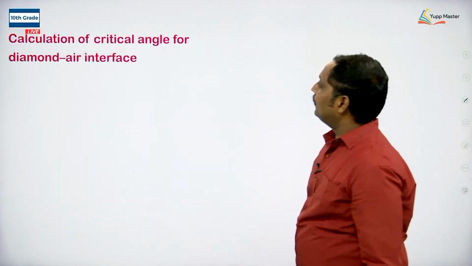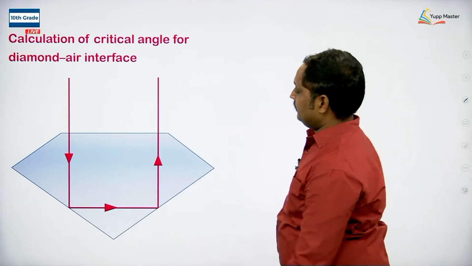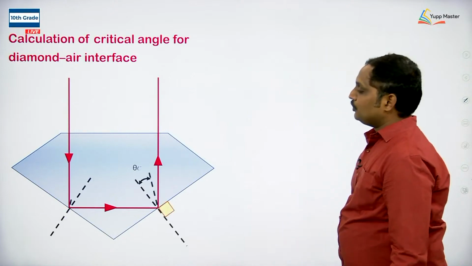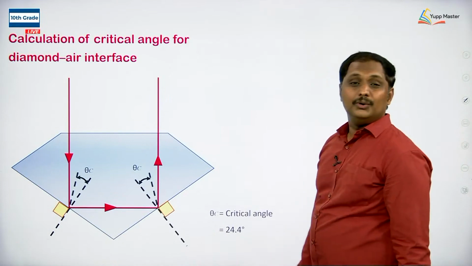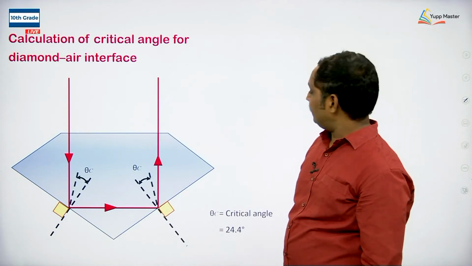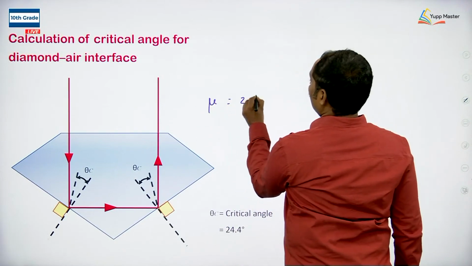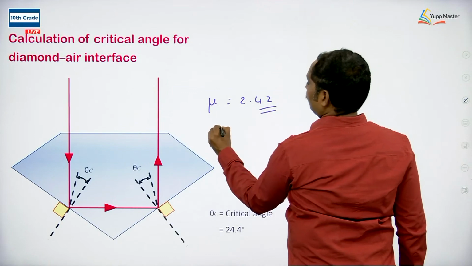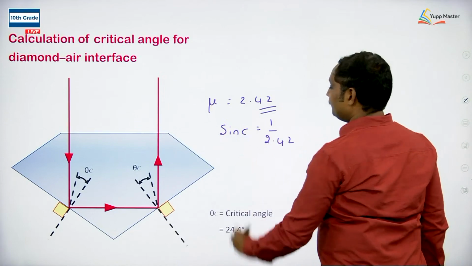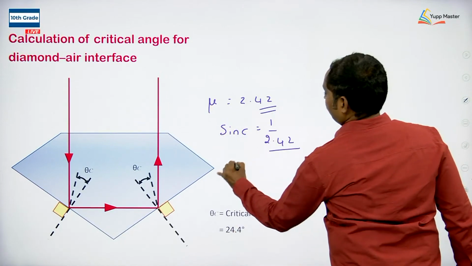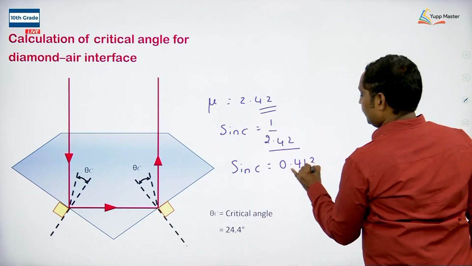So let's go for diamond also. Its critical angle is calculated by knowing the refractive index of the diamond. It is going to be 24.4 degrees. For the diamond, you know, the mu value is 2.42. So sin C is equal to 1 by 2.42. Now you will find that sin C is about 0.413.